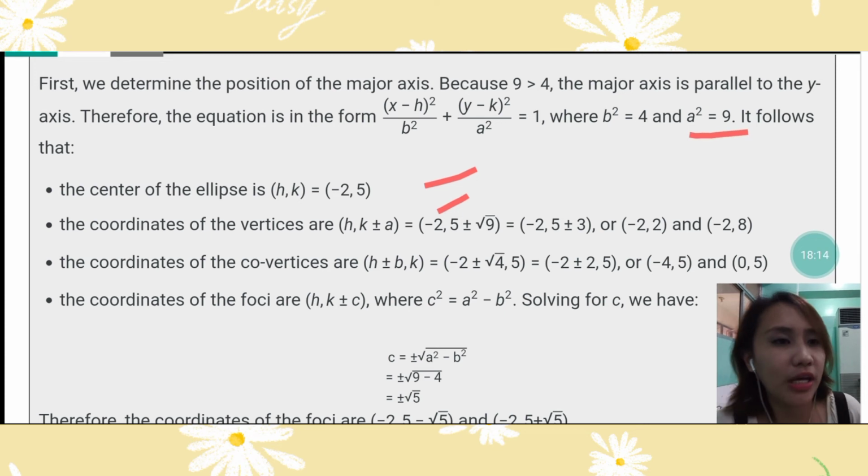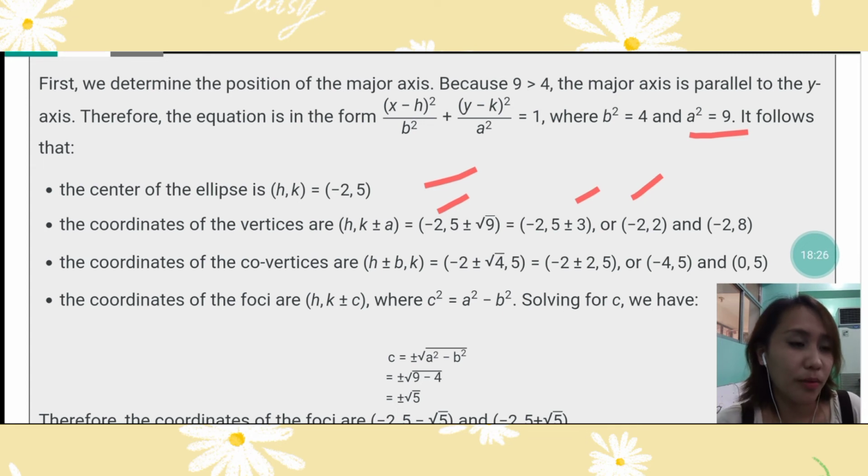The square root of 9 is 3. So in order to get the two vertices, just copy h, which is negative 2, and solve for the positive and negative sign. 5 plus 3 gives us 8, then 5 minus 3 gives us 2. So those are the two vertices.